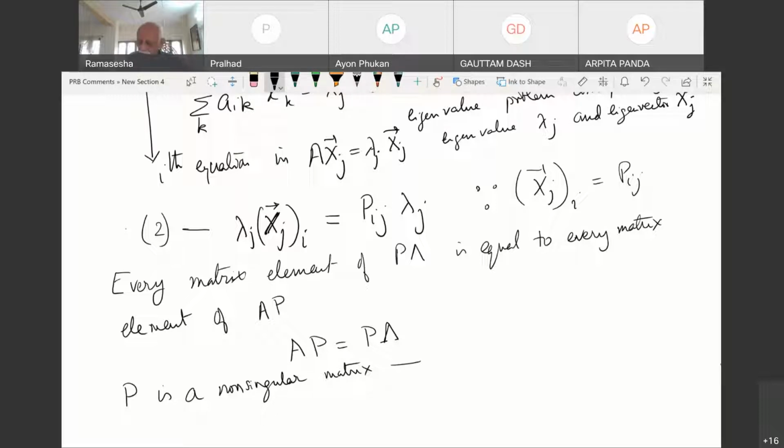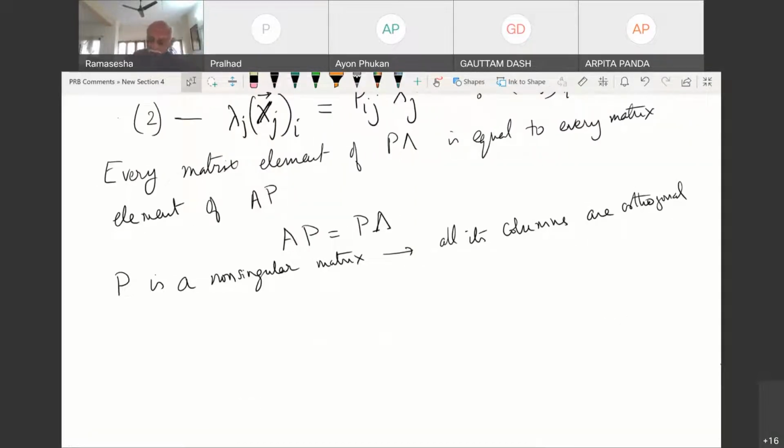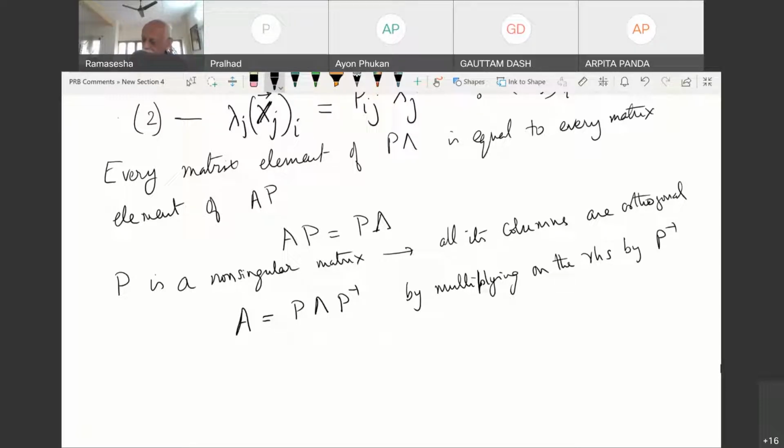In fact, all its columns are orthogonal, in fact orthonormal. Because of that, I have an inverse for P. So I can write down A as equal to P lambda P inverse, by multiplying on the right hand side by P inverse on both sides of the equation.